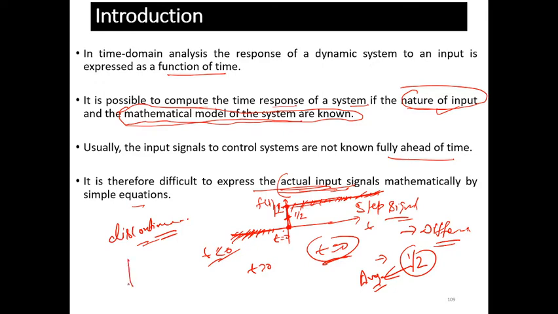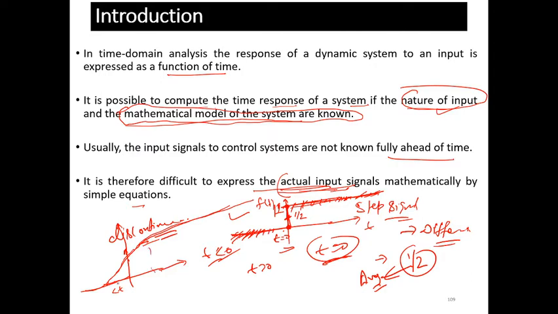If I say, try to develop a step signal, it is very easy to draw with a pen, but it is very difficult to actually generate that signal. If you see such a signal when you generate it, for t less than 0 the signal starts to rise and then becomes constant after some time.